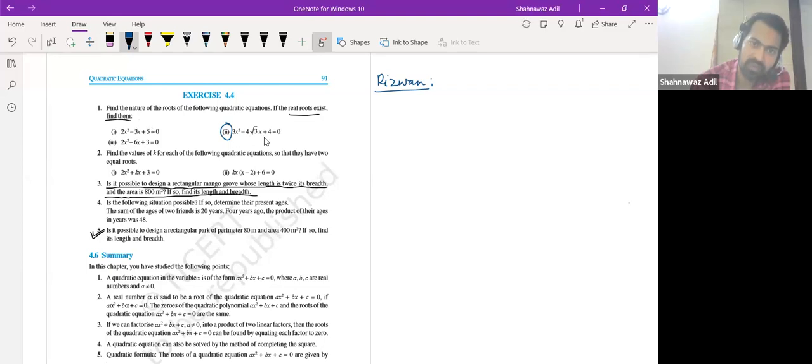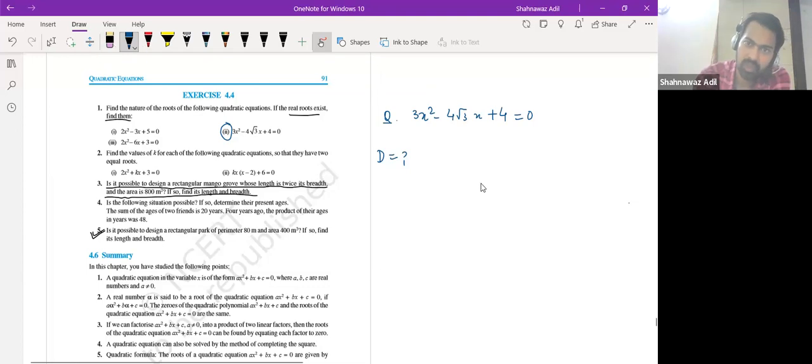So first we have to find out whether we have real roots. This is the quadratic equation. All of you calculate D and tell me.